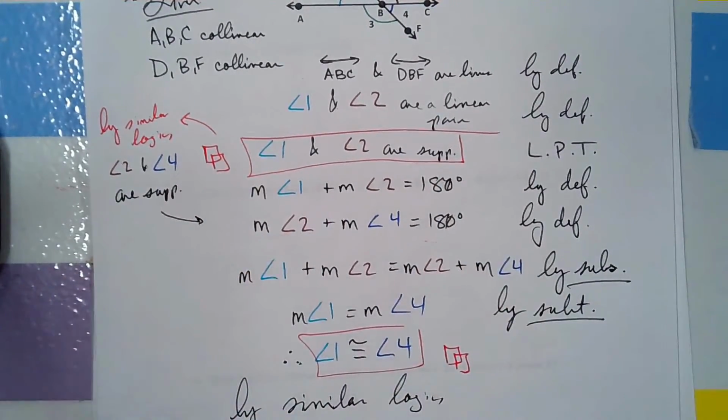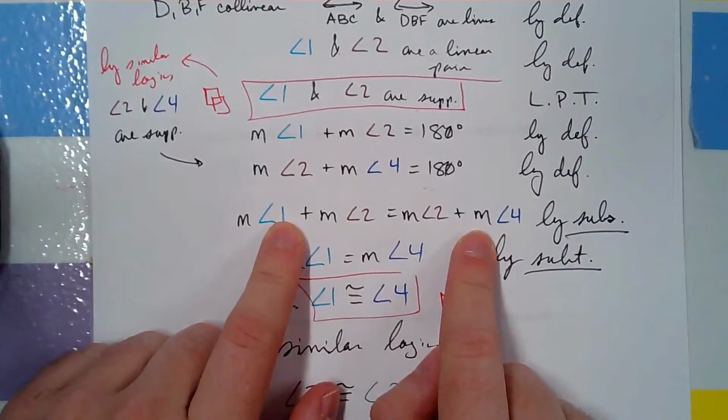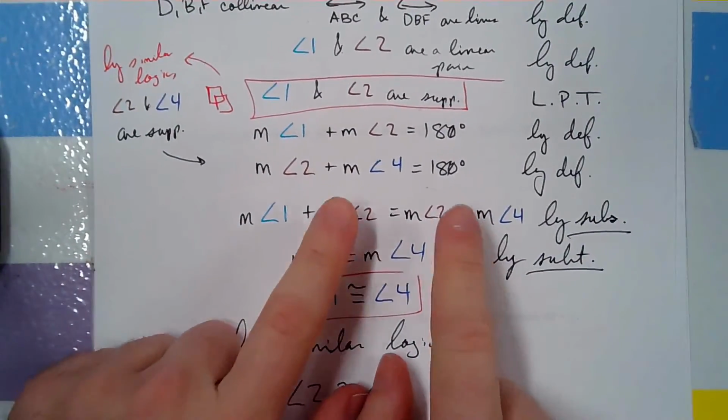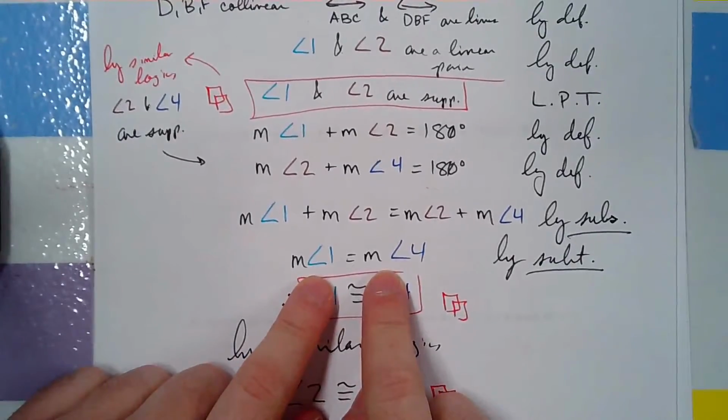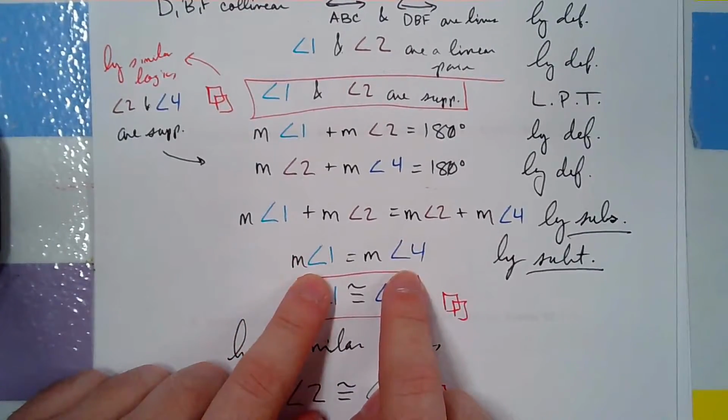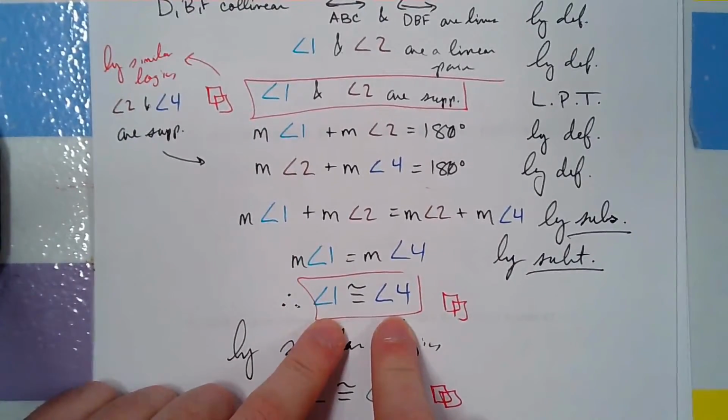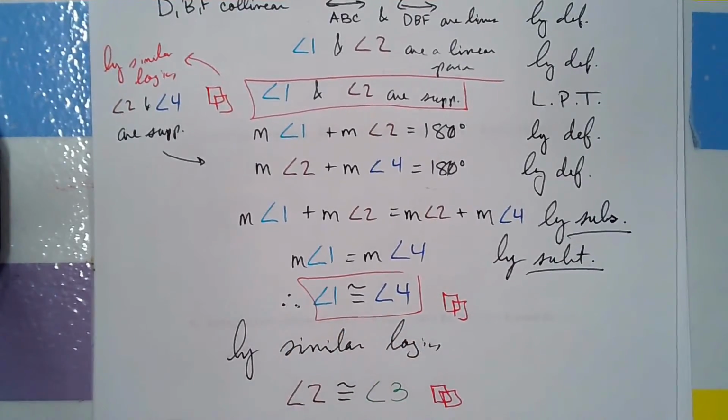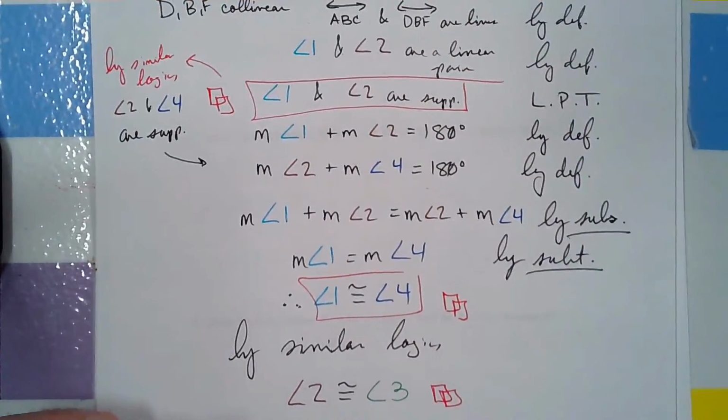If they're both 180, then I can switch them out and say that they're both the same thing by substitution. And if I subtract angle 2 from both sides with the subtraction property, I get these guys. Therefore, angle 1 and angle 4 are congruent. I feel like if you were to read this and explain it to somebody, that would be what you'd write. It's not a whole lot of extra.